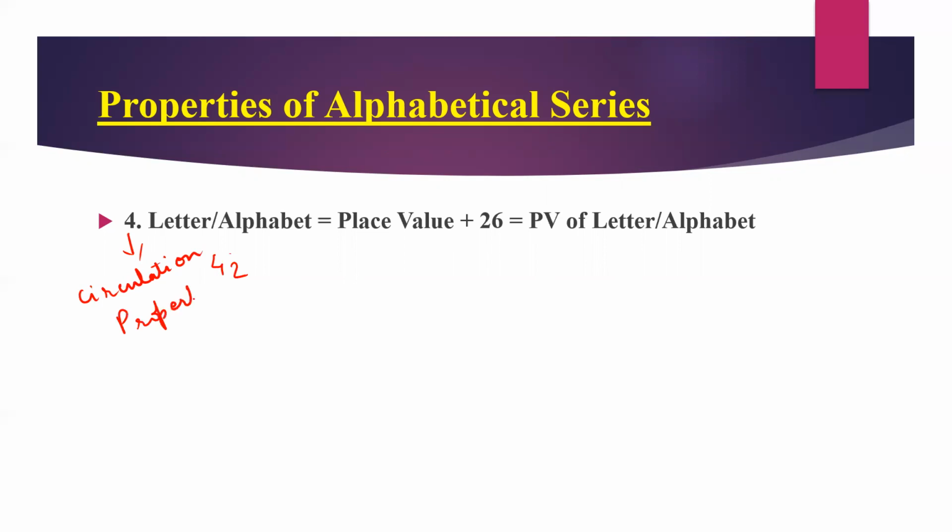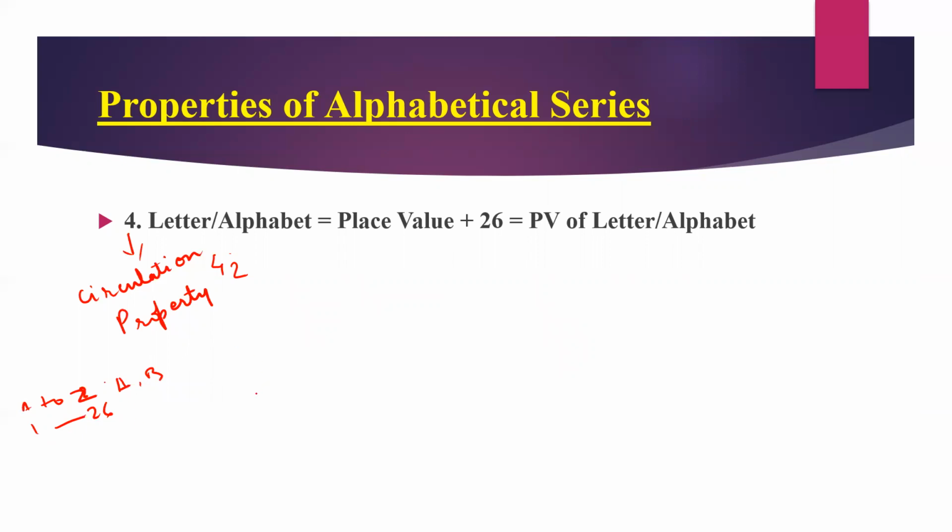That means what? We are counting from A to Z, from 1 till 26. And after Z, we again start with A, B, C, D. So this will go on circulating.